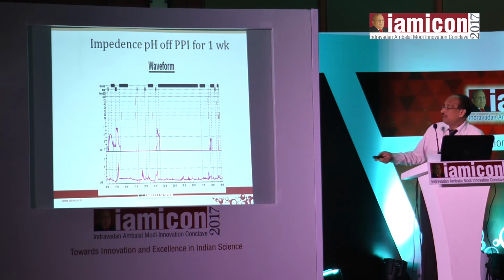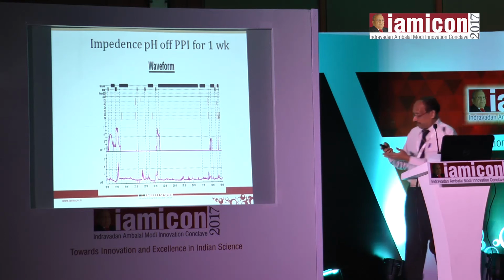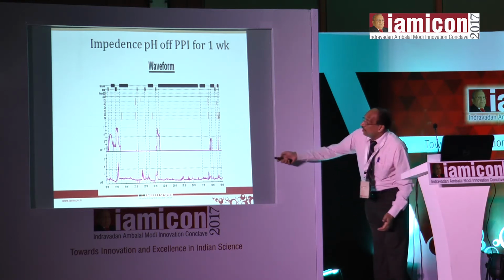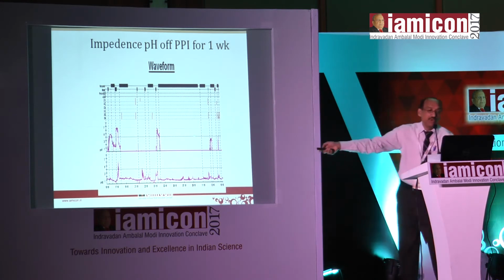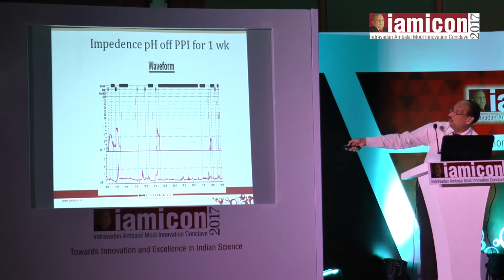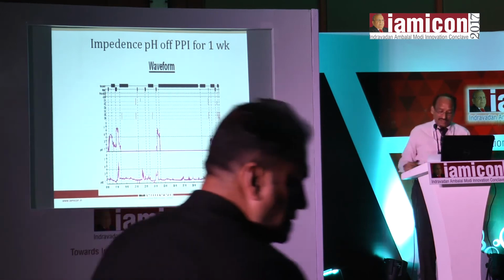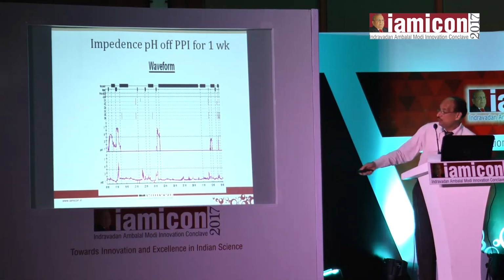And you see here, whatever comes below the dotted line, which is pH 4, is the reflux. The first probe is the acid probe of the esophagus, which is placed 5 cm above the LES, and you can see significant acid reflux that happens. Also, the patient has some volume reflux.